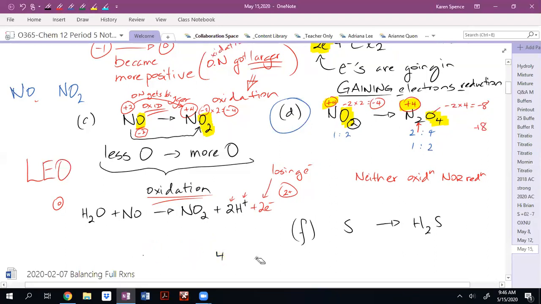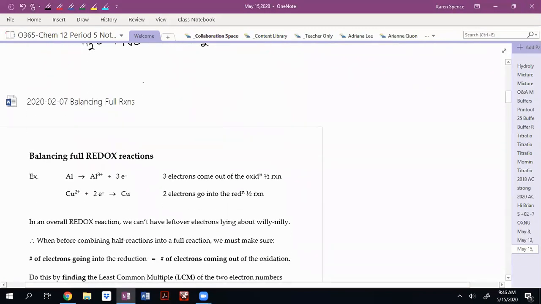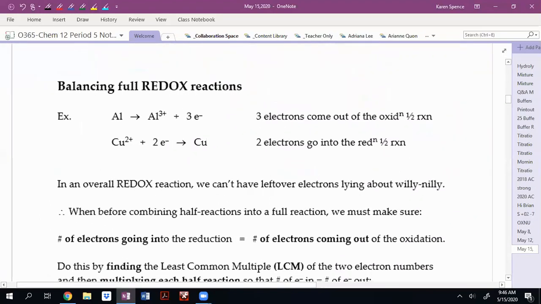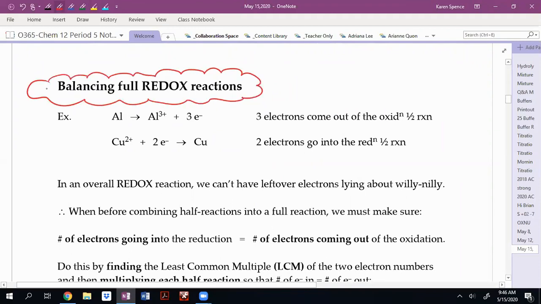Okay. And actually, I think I'm going to leave that here for today. We'll also look at it again in the context of balancing full reactions. In the assignment today, which I haven't posted yet, I will do so just like 5 minutes after our meeting here.